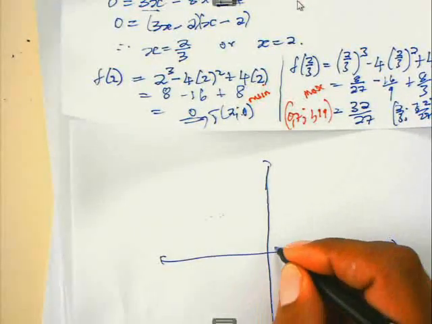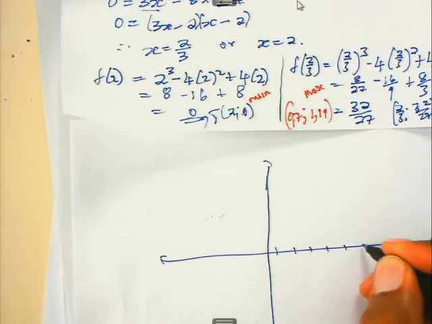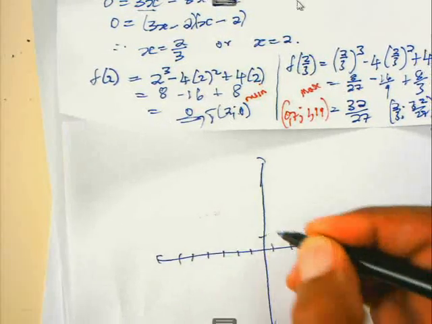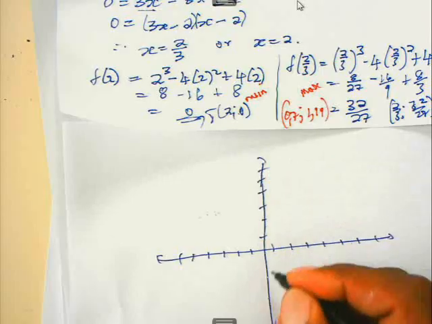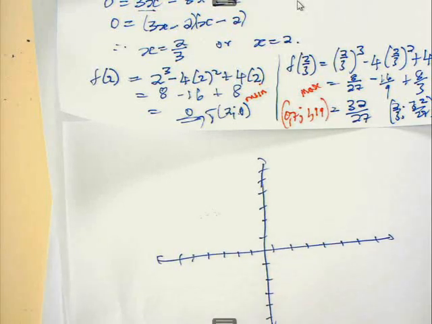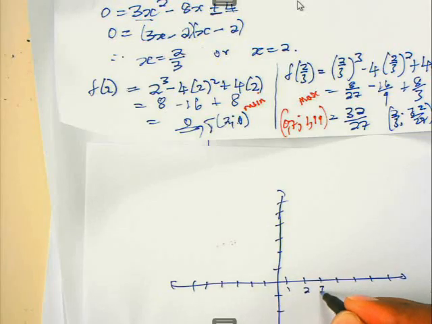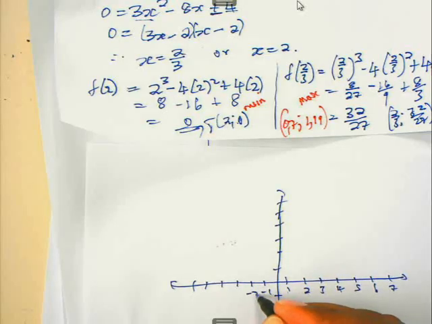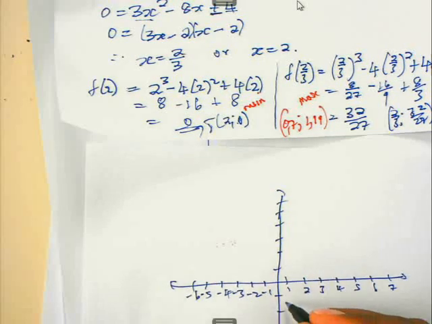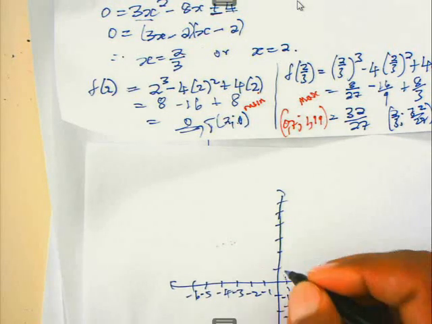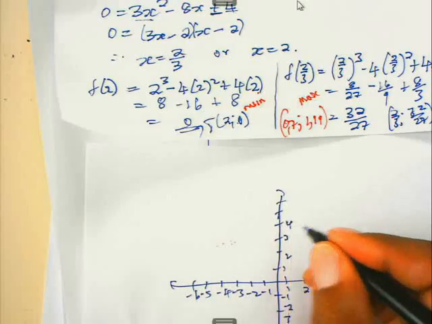And then we have 1, 2, 3, 4, 5, 6, 7 on the axes, and minus 1, minus 2, minus 3, minus 4, minus 5, minus 6 in the other directions.